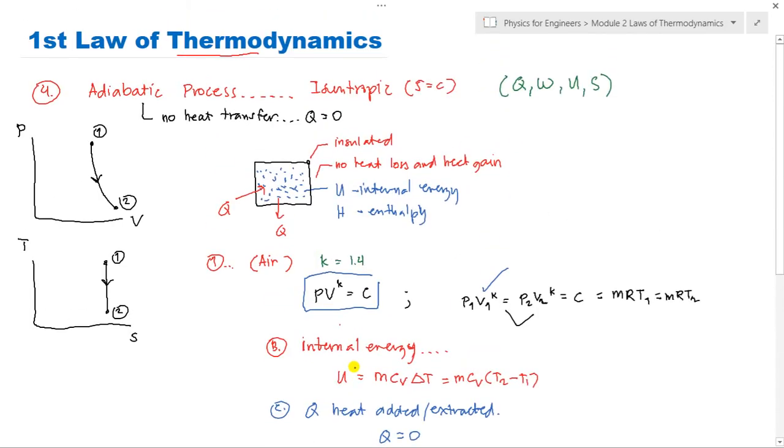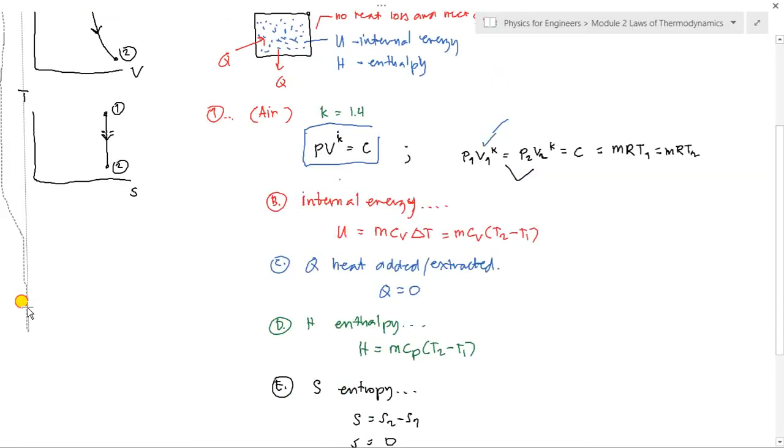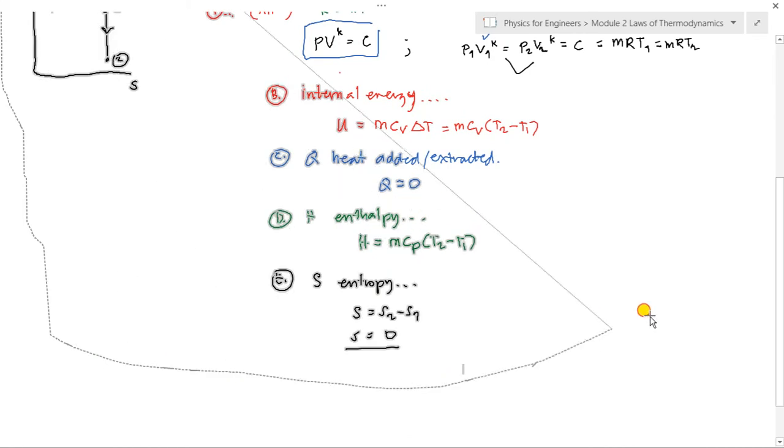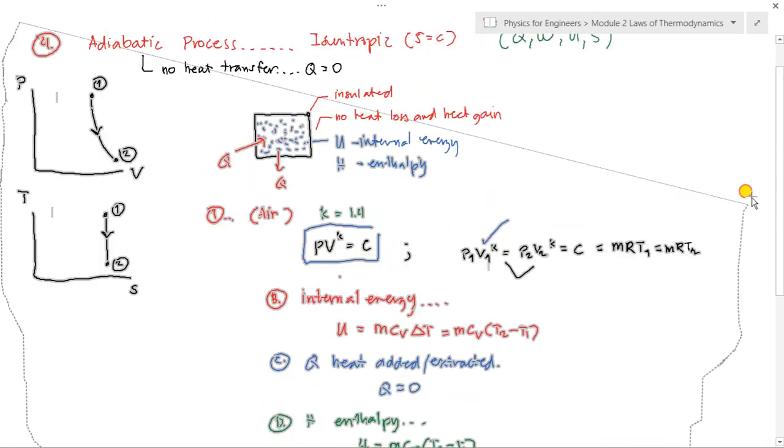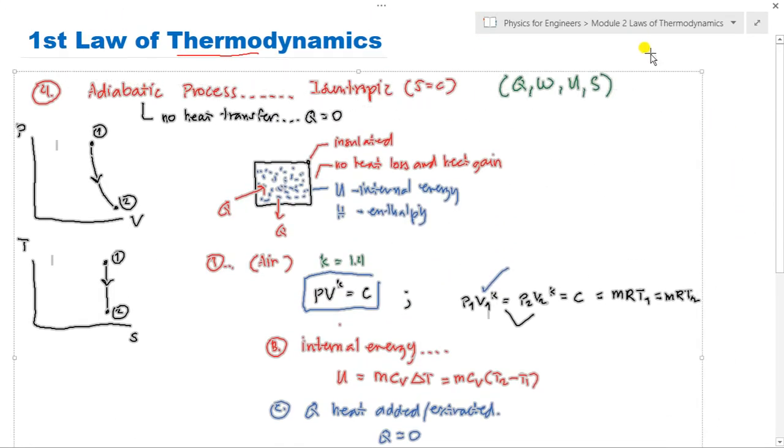And then the last but not the least, the polytropic process. The derivation is the same as what we did earlier, and the heat added and the enthalpy are still the same.